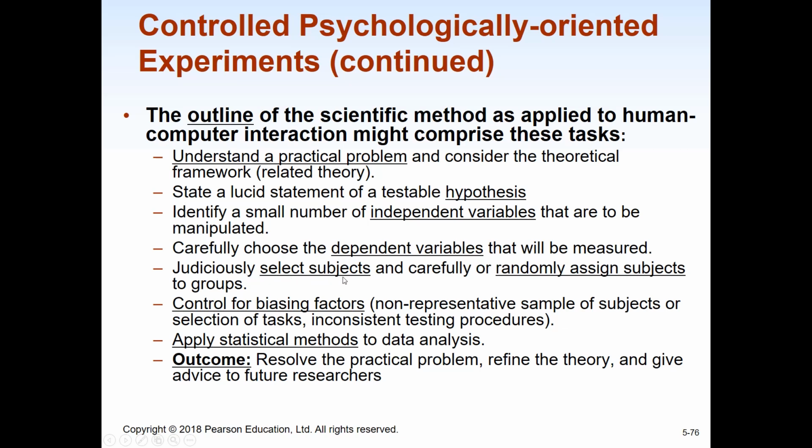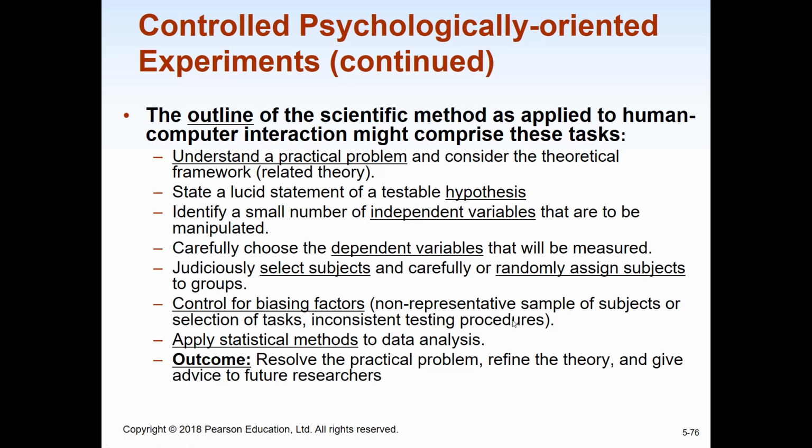Judiciously select subjects and carefully or randomly assign subjects to groups. Subjects like participants, respondents. Control for biasing factors: non-representative sample of subjects or selection of tasks, inconsistent testing procedures, and so on. Control them.